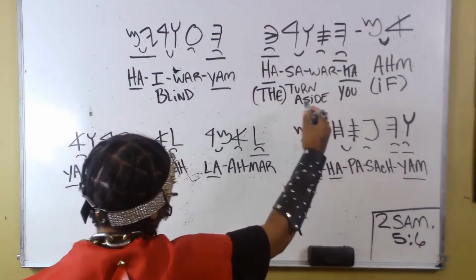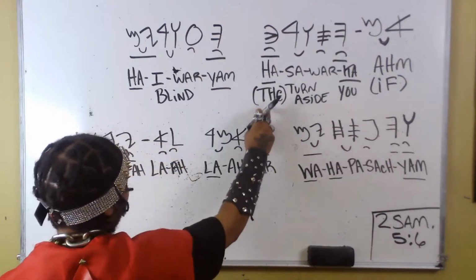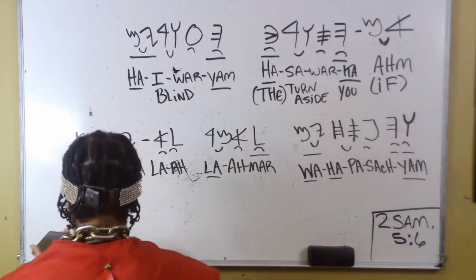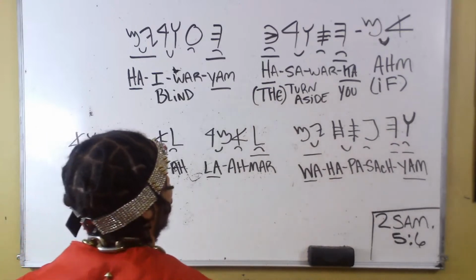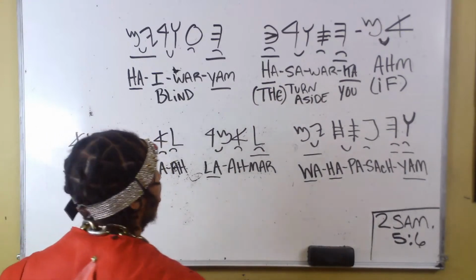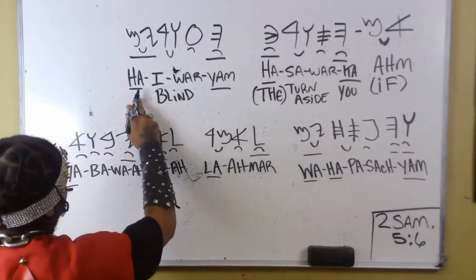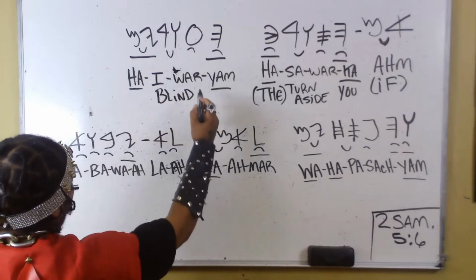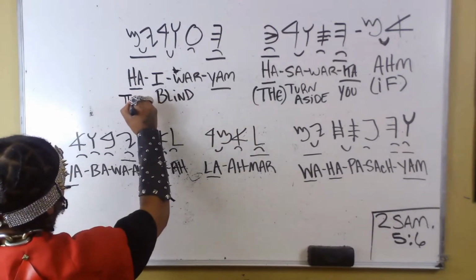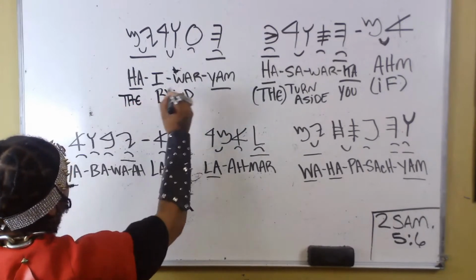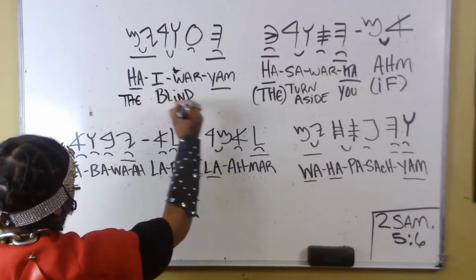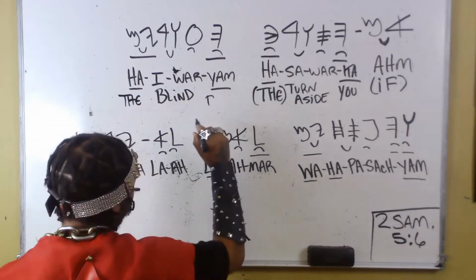It's just the way we write and speak, used to match and not exactly to say the. Where right here is actually going to say the blind. Ha warrior, the blind, and this is masculine plural.